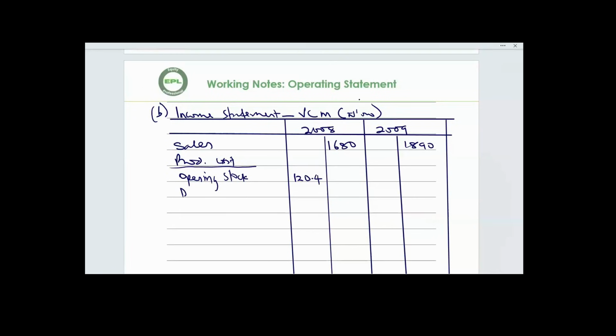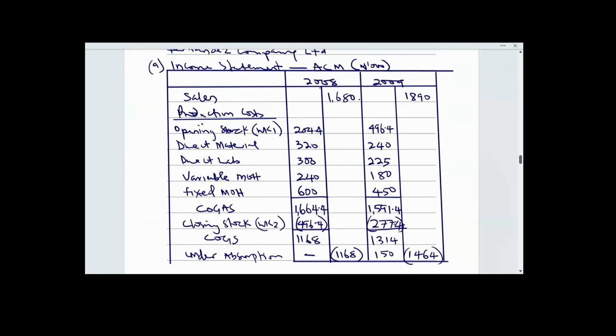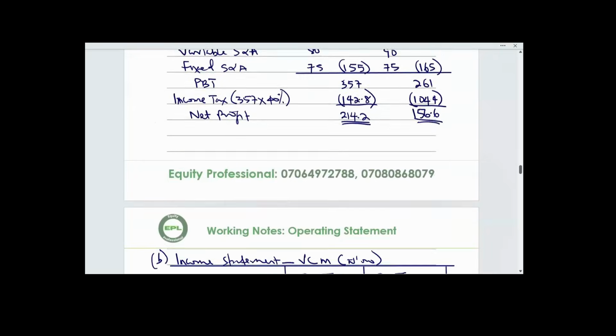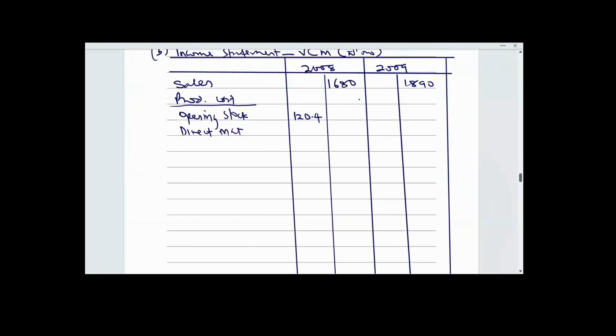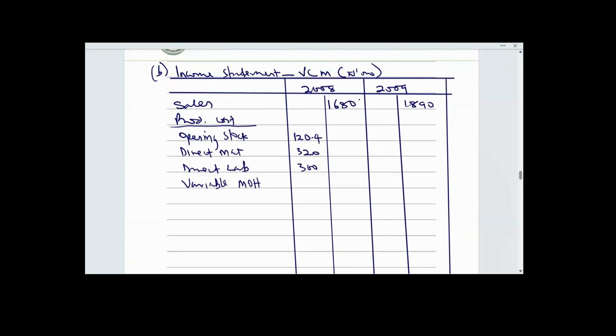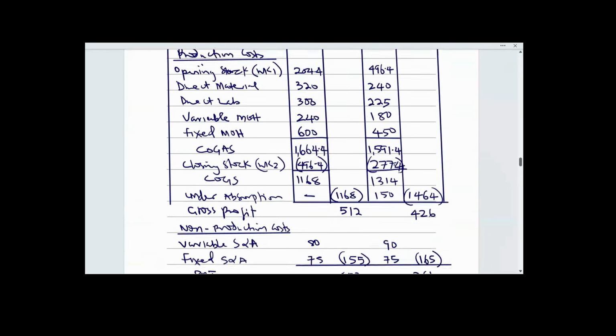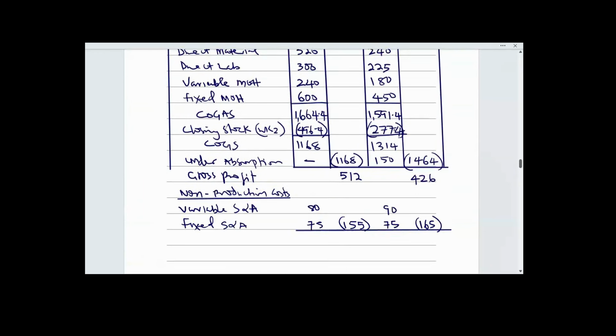Then we have direct material. We have calculated direct material to be 320. Direct labor 300. We also have variable manufacturing overhead to be equal to 240.